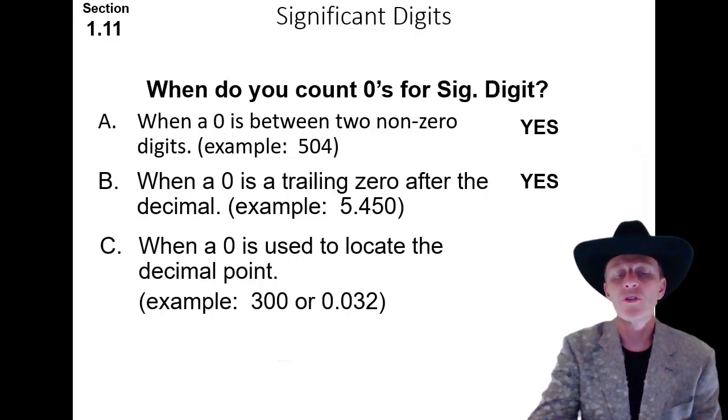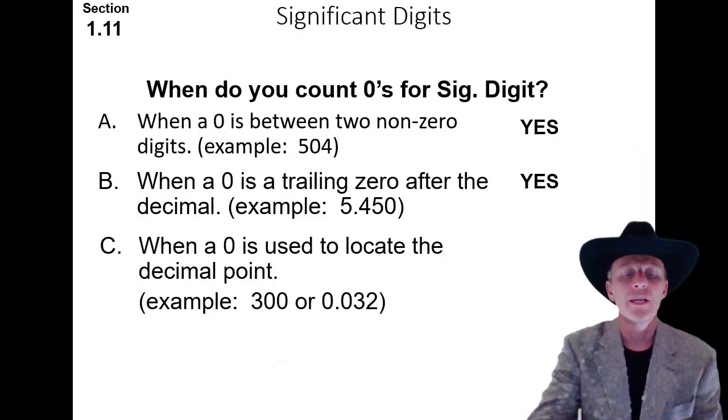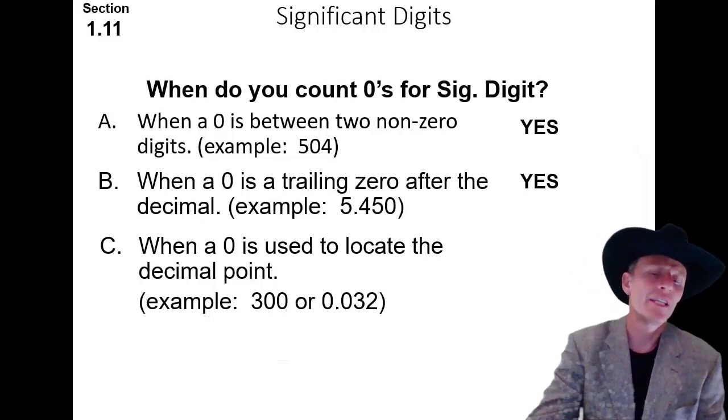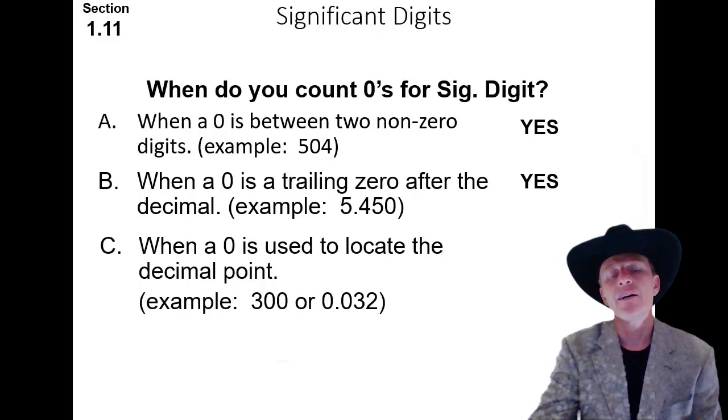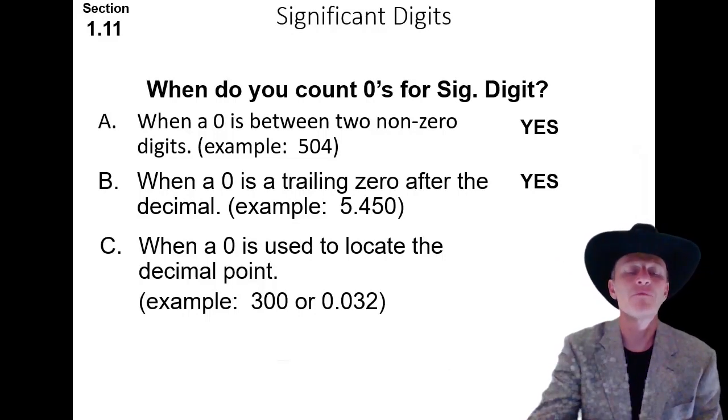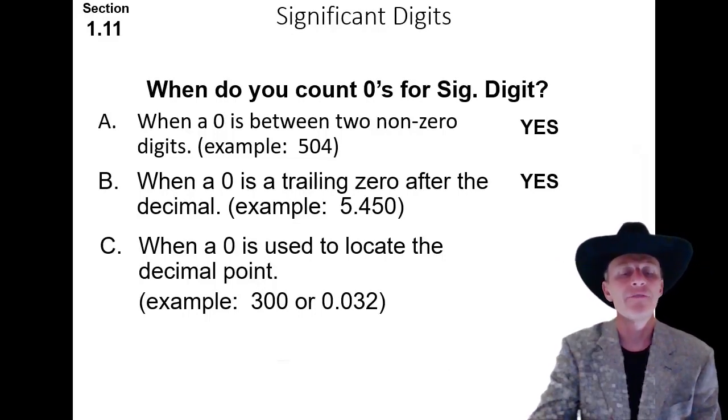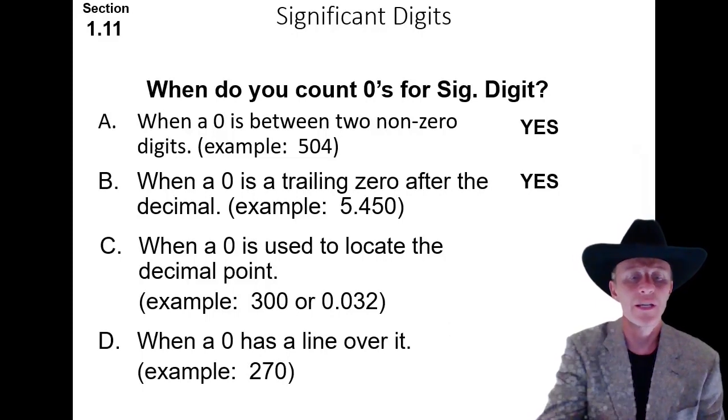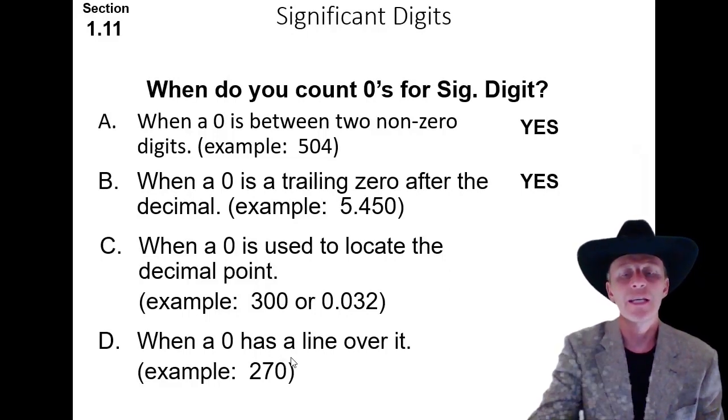When zeros are to the right of big numbers, like 73 million, those zeros to the right of the big numbers do not count. 0.032, to the left of decimals, to the right of big numbers, to the left of decimals, you don't count. If there's a line over it for some reason, my line didn't appear here, but imagine a line over the 270. If there was a line over the 270, you would count it, and that would make it 3.